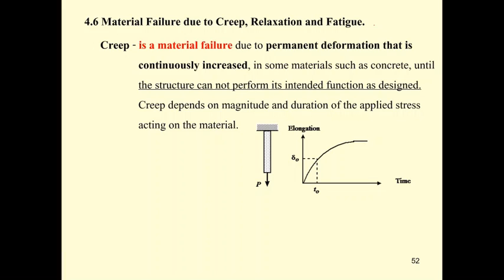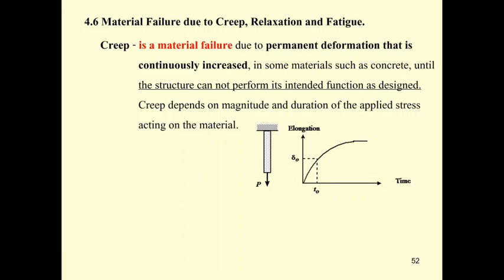Concrete has components of water, Portland cement, sand, and crushed stone. When you mix the concrete, there are air voids in the concrete, and in the air voids there is always water. When force is applied to the concrete, the force will push the water to move out of the concrete, and that produces permanent deformation of the concrete.